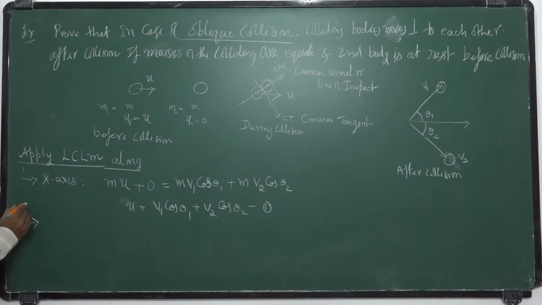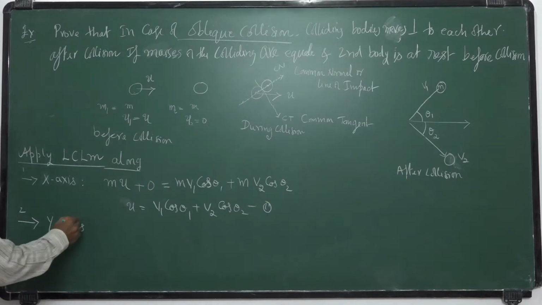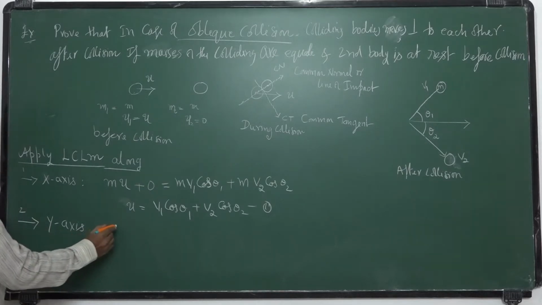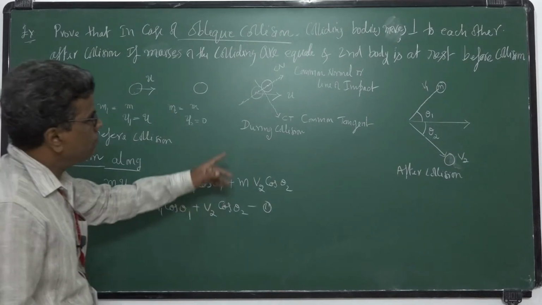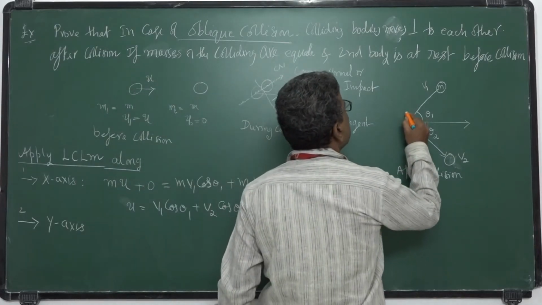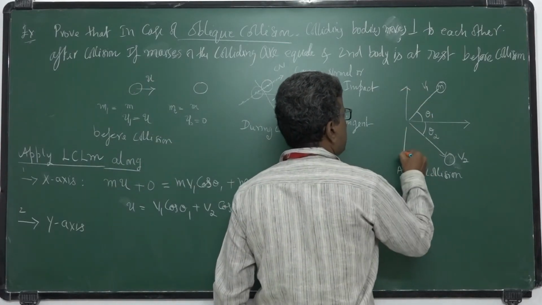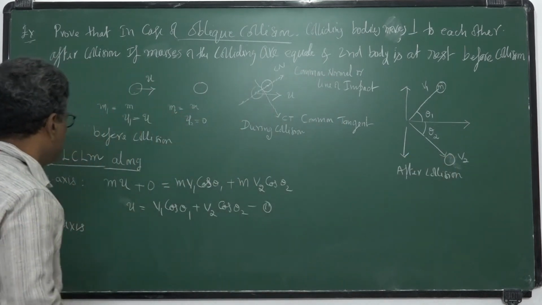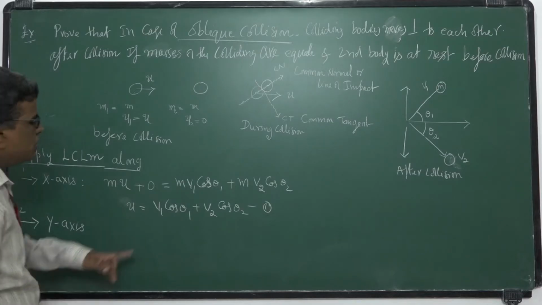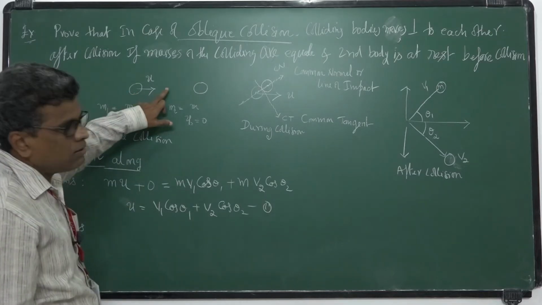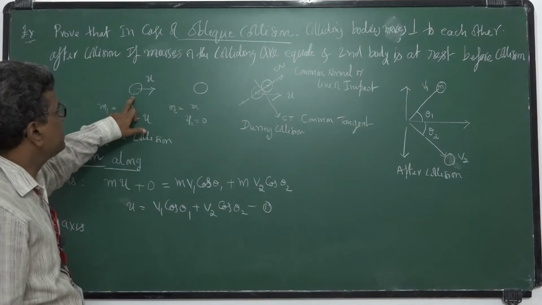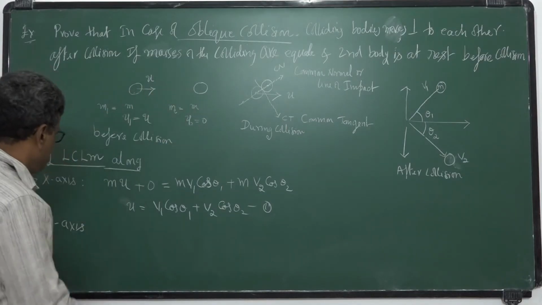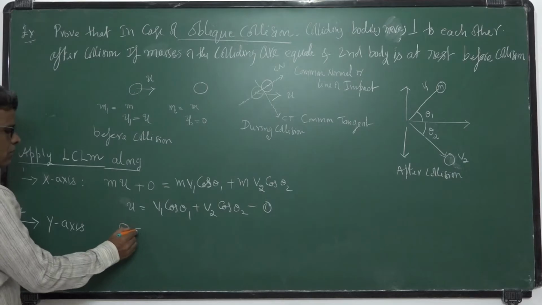Along the y-axis, you apply the momentum principle. Its momentum will be in this direction, and the other along the y-axis in this direction, so the component will become sine. Since it is moving along the x-axis, the initial momentum in the y direction is 0, and the second body's is also 0. So initial momentum is 0.